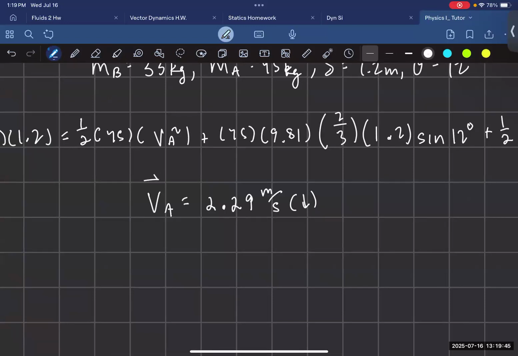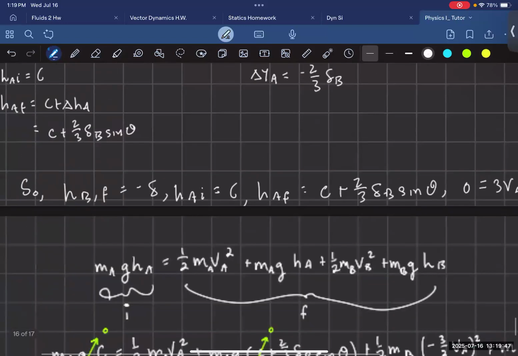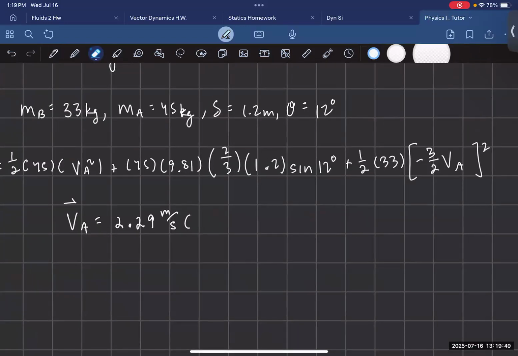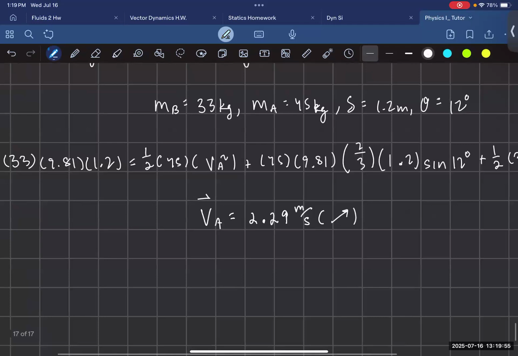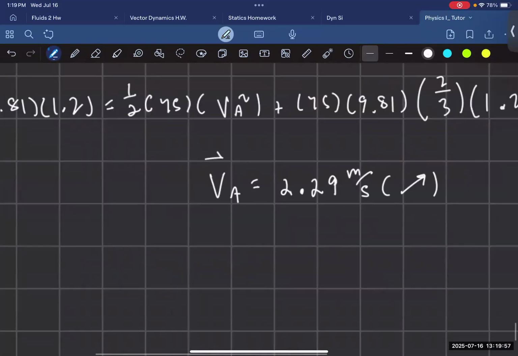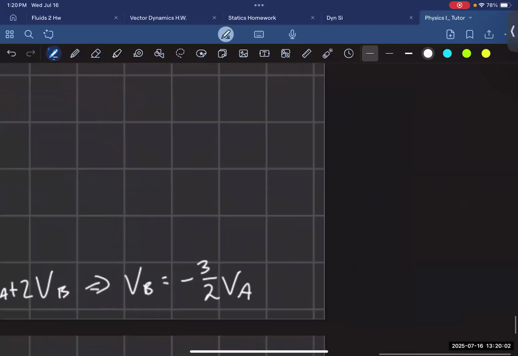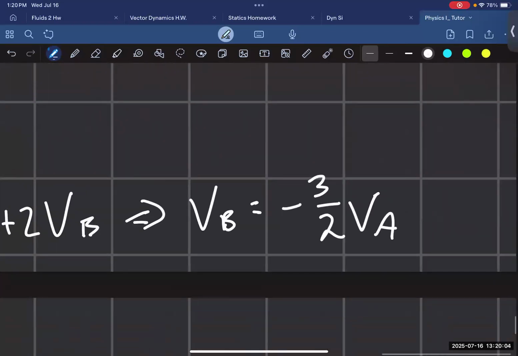A is, oh, up the hill, excuse me. So you get the direction from the initial assumption, that it's up the hill. And then we also know that velocity B is equal to, you see a negative sign right here? The negative sign is in reference to the coordinate system A and B were set up in.